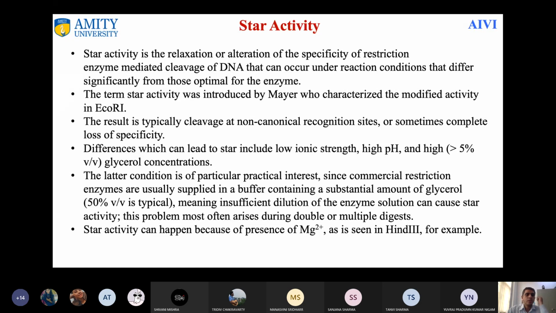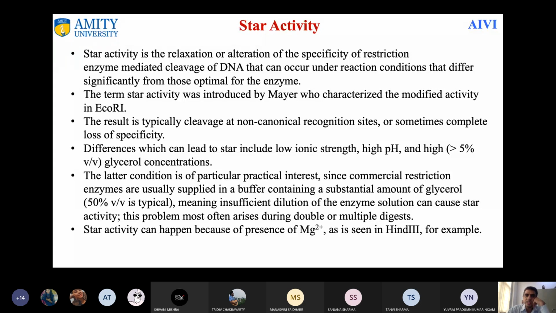Okay. So, after the nomenclature, another important property of this enzyme is called the star activity. As we have discussed, every enzyme recognizes a specific sequence. As we all know, they are part of the immune system, so they recognize specifically. In the case of humans also, in the immune system, you call it cross activity.